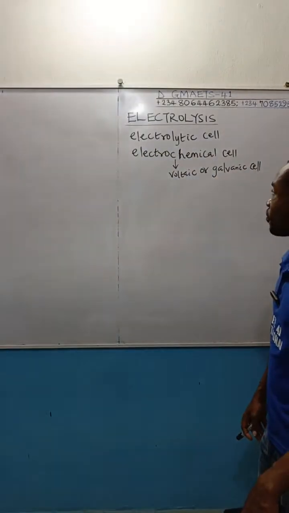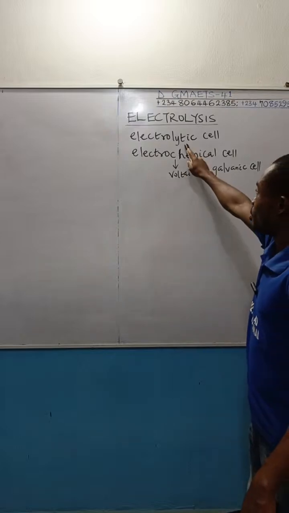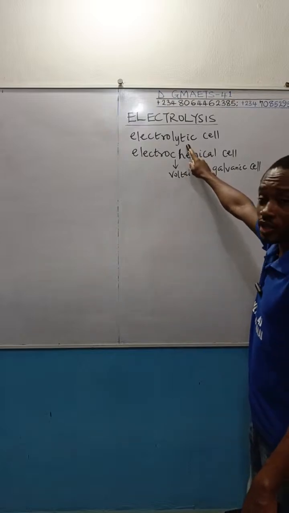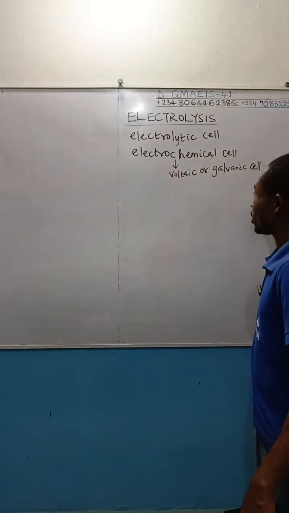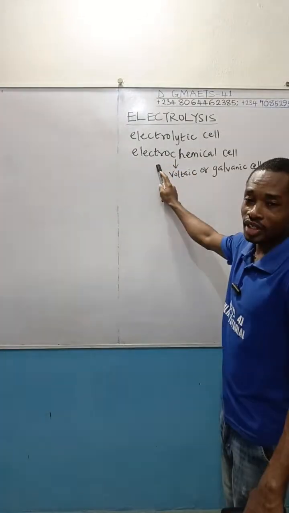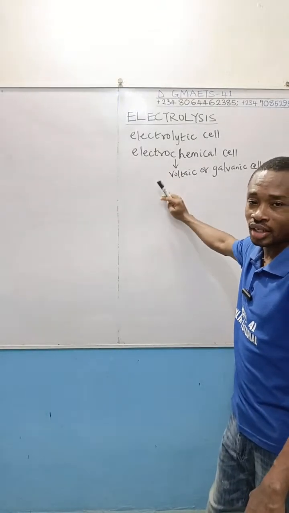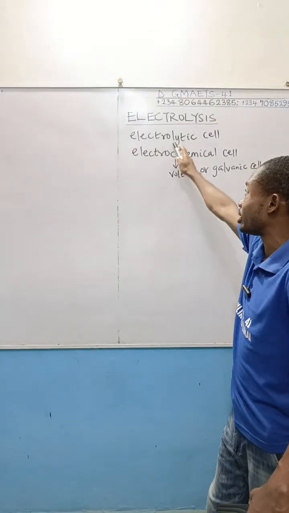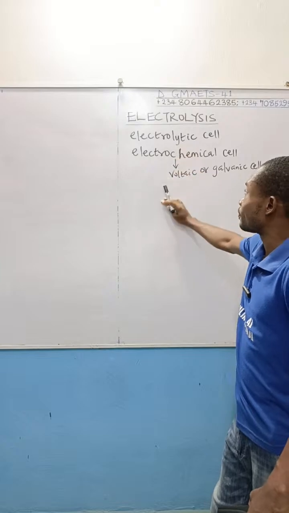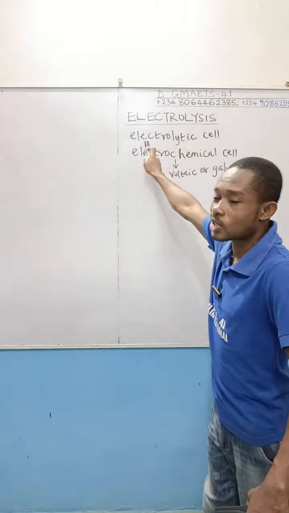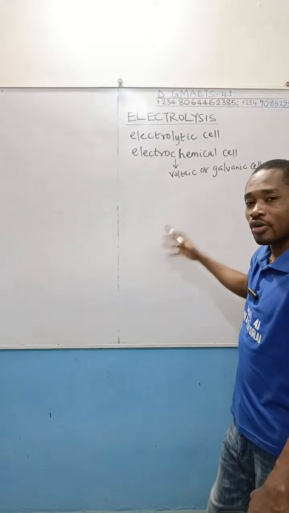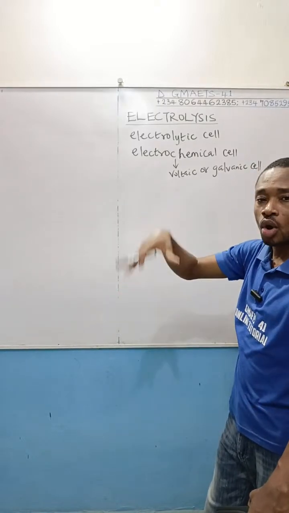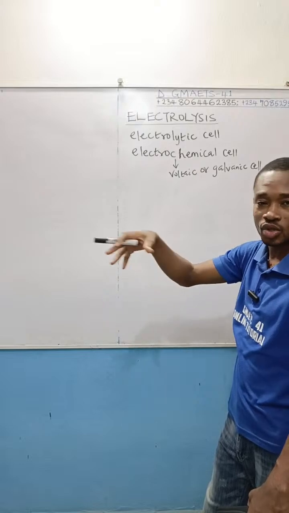Like I said, the only difference is that anode in the electrolytic cell is positive, cathode is negative. The electrochemical cell, also called voltaic or galvanic cell, anode is negative and cathode is positive. That's just the major difference in terms of the electrodes. Then take note, in electrolytic cell, what takes place there is electrolysis, where you use current to decompose a molten compound or an aqueous solution.